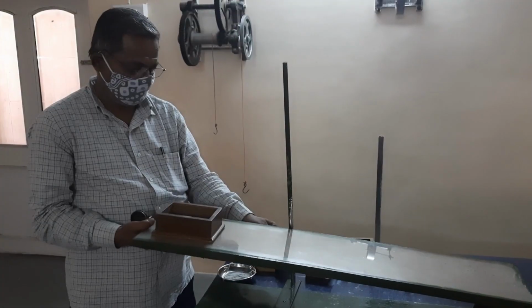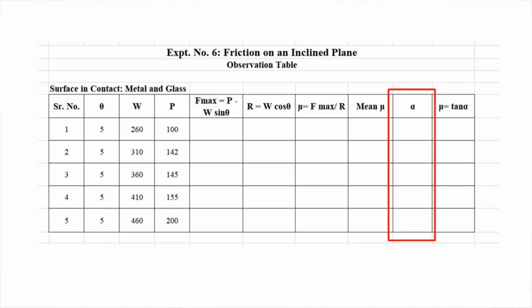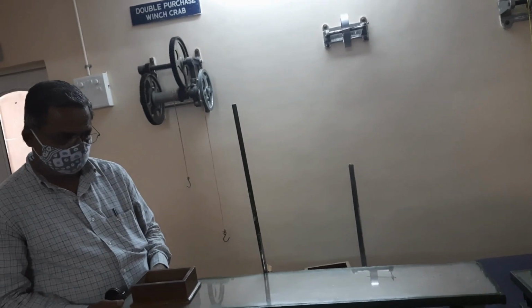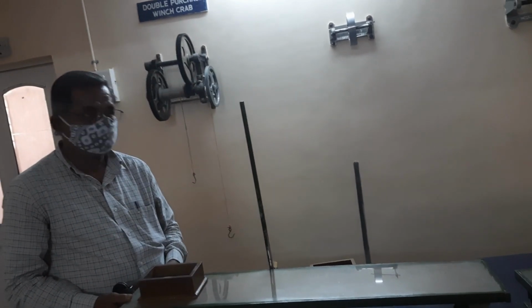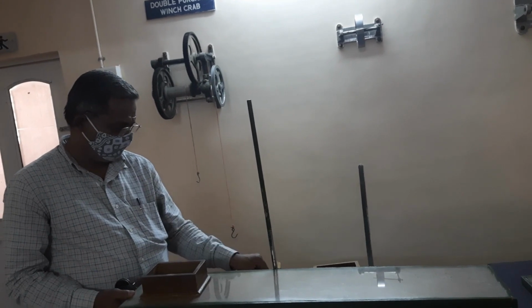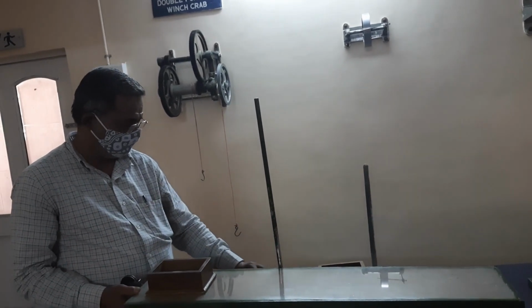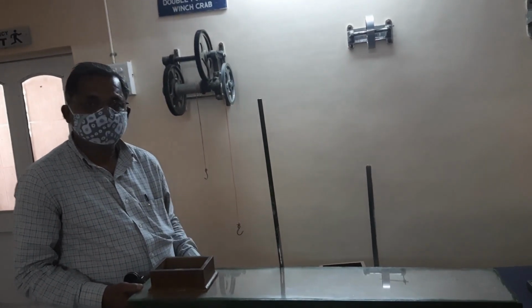Now one column is given for alpha in the observation table. Alpha represents the angle of repose. The angle of repose is the minimum angle at which the body starts to slide on the surface.